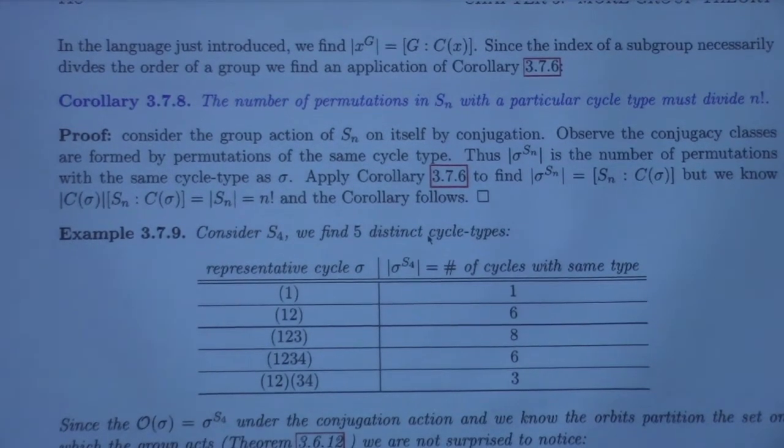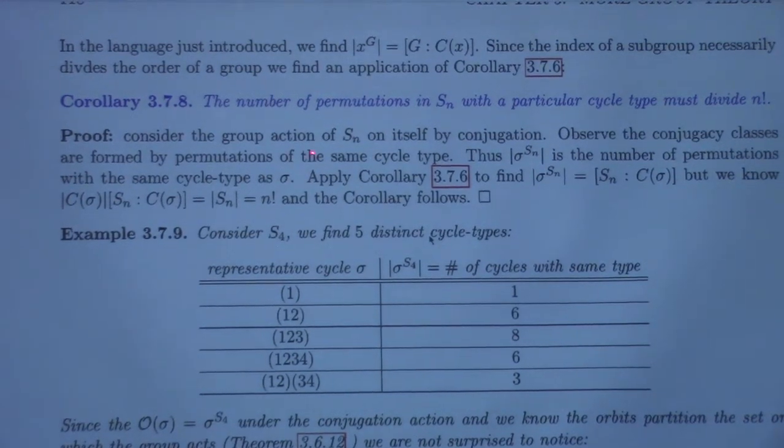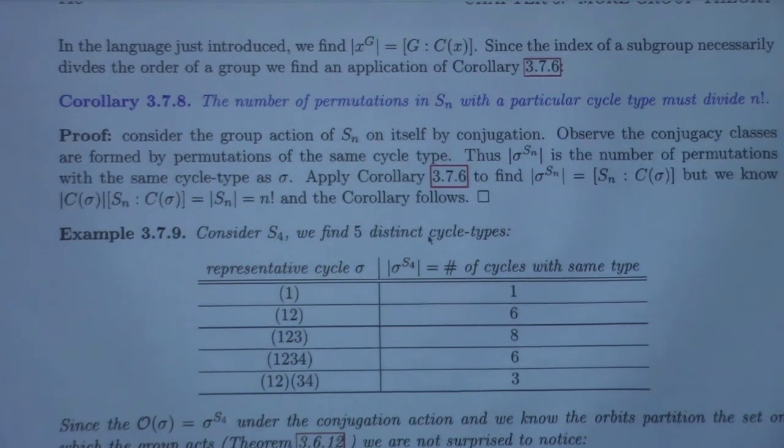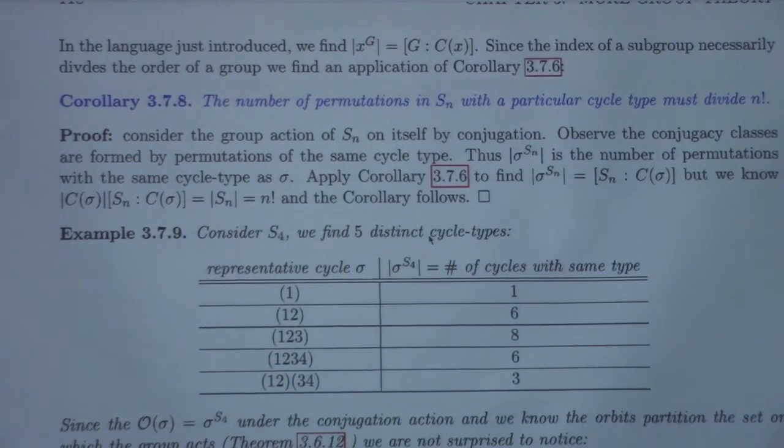Oh, actually, before I even get to that example, a corollary. The number of permutations in Sn with a particular cycle type must divide n factorial. Why is that? Well, here's the thing.